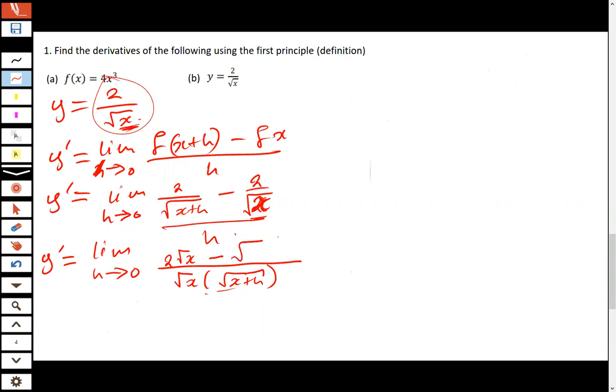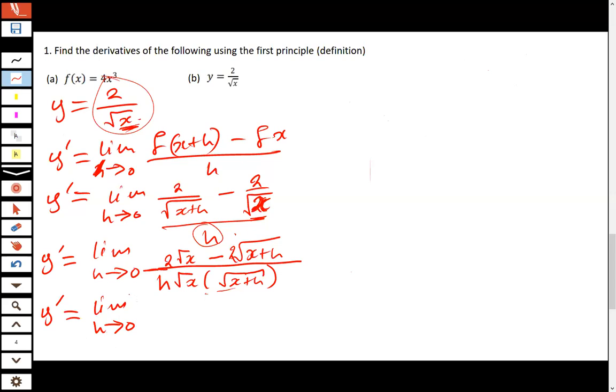So we're going to have the root of 2 root x plus h. And then everything will still be divided by h. So dividing everything by this h here is just the same as putting h in front. So from there, we say y prime is equal to the limit as h approaches 0.